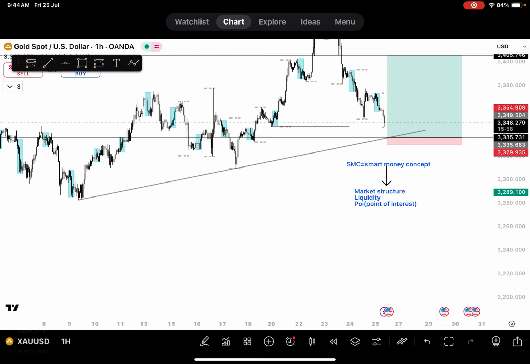Now the definition for liquidity is very simple as well. Liquidity refers to how easily and quickly a currency pair can be bought or sold without causing a big change in its price. You understand? That is the definition for it. There are numerous definitions of what liquidity in the market is.